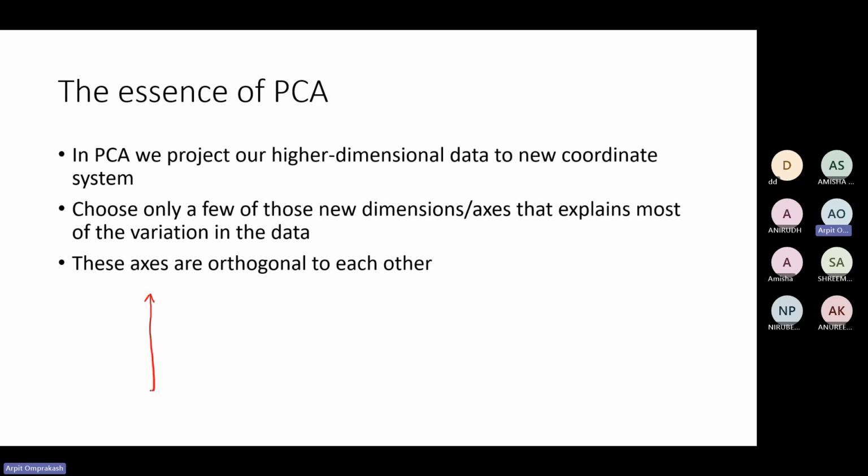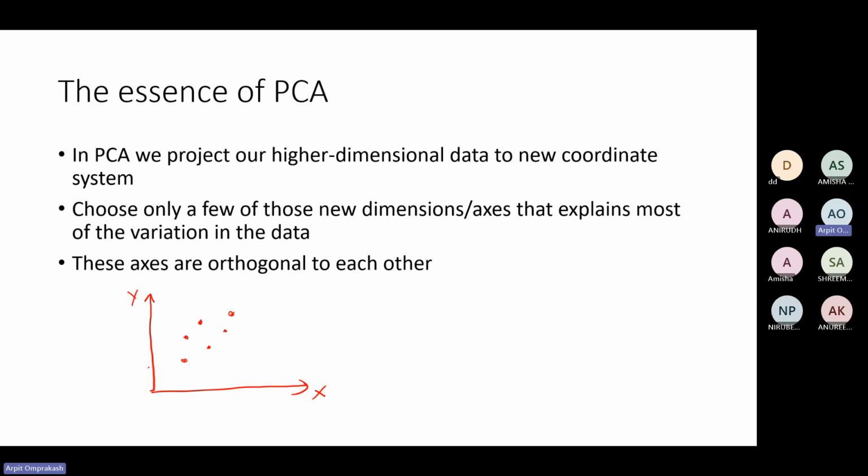So let's say you have some two-dimensional data like this, X and Y. Now we want to do a PCA, so we want to change the axes.